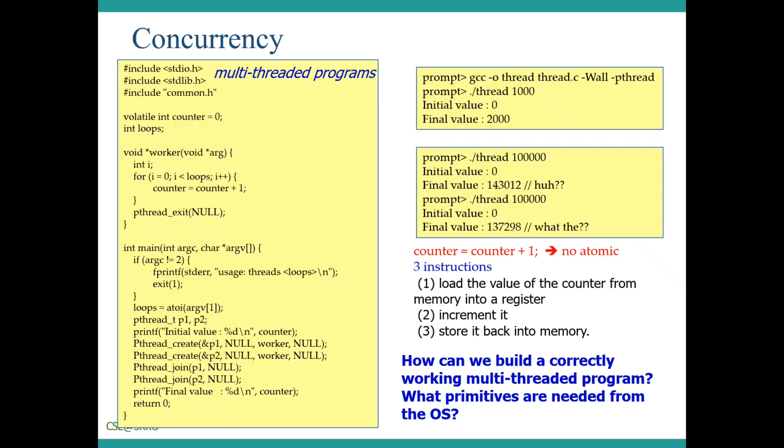So let me demonstrate with an example of a multi-threaded program. Although you might not understand this example fully now, the basic idea is simple. The main program creates two threads using pthread_create. The threads run concurrently, executing the specified routine called worker, in which it simply increments a counter in a loop for loops number of times.